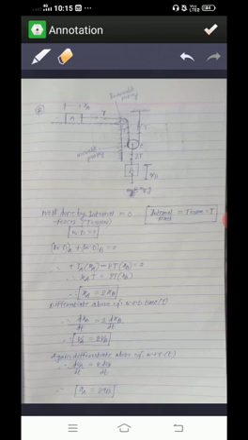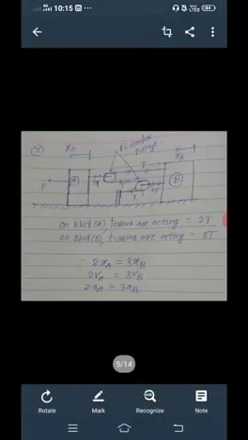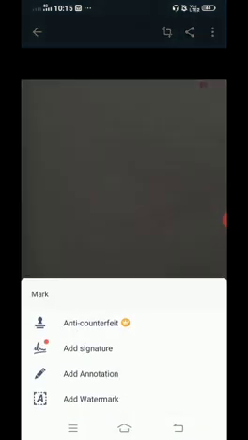Suppose we take block A and try to draw its free body diagram. Suppose your block A is here. The very first step of drawing a free body diagram is showing the self weight of the body.